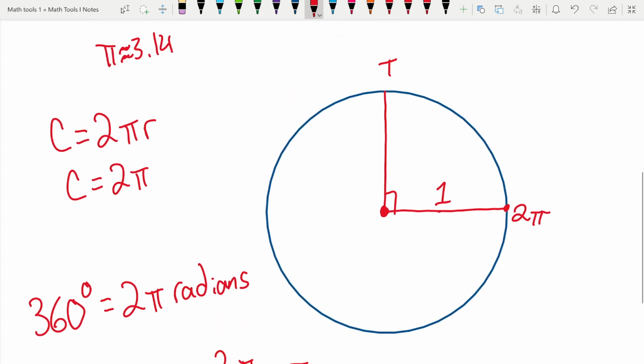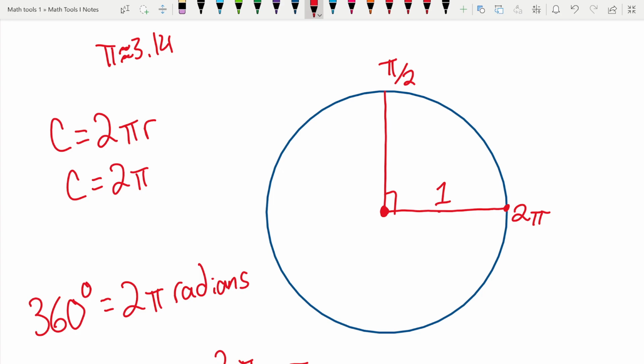So to travel the whole circle, you're going 2 pi units. Then to travel to the 90 degree mark, you're traveling pi over 2 units. So we would say that pi over 2 is equal to 90 degrees. Pi over 2 radians, I should say.